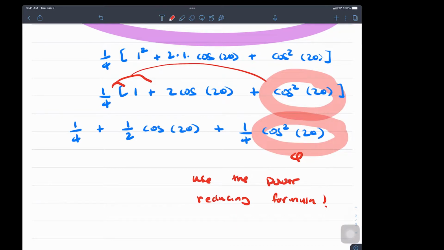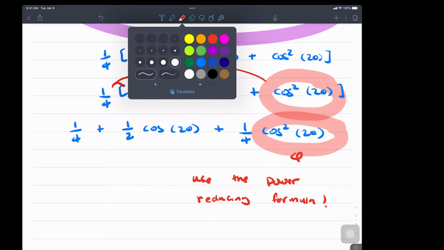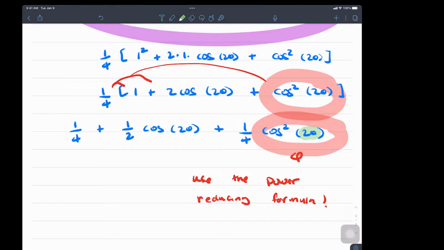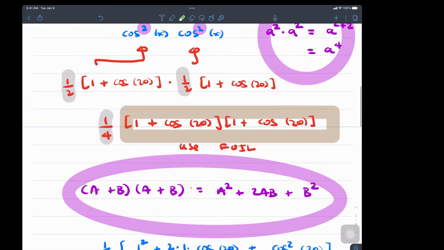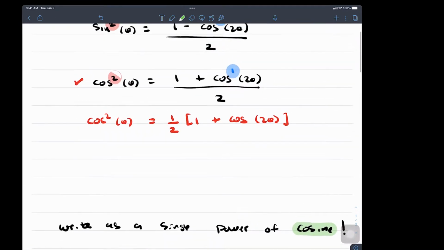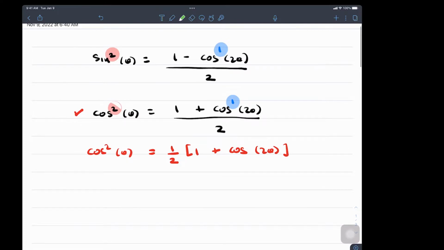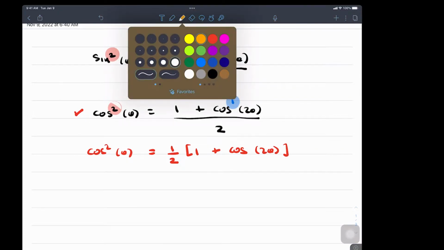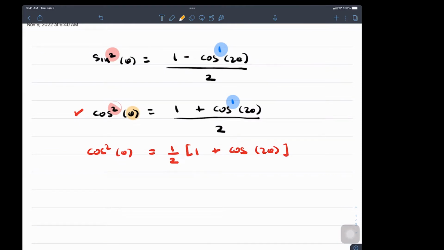Now, you say, well, how do we use this thing again? Be careful here. You got cosine of what? 2 theta. What does the power reducing formula actually do? I know I gave it to you in terms of a single theta, but notice this. Here's the angle theta. This is double theta. It doubles that angle, doesn't it?